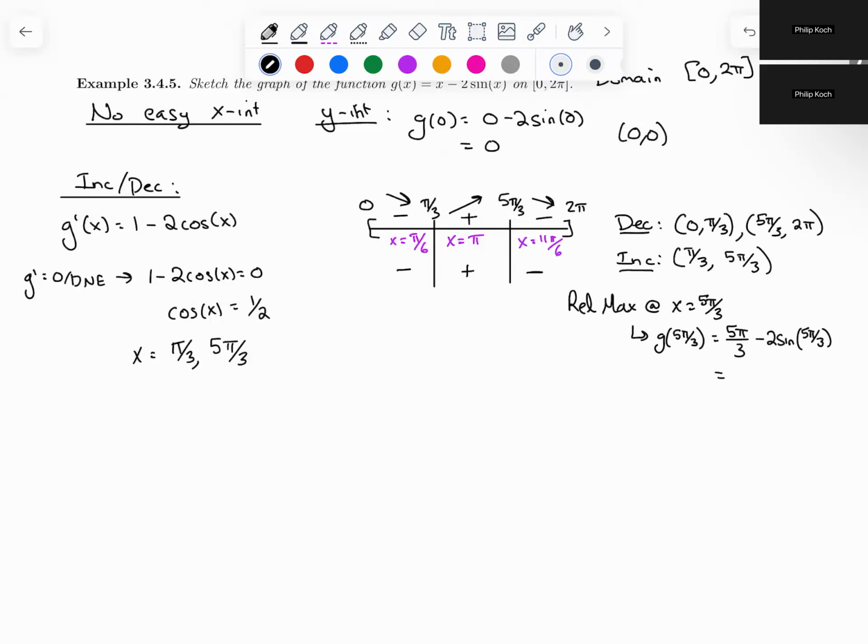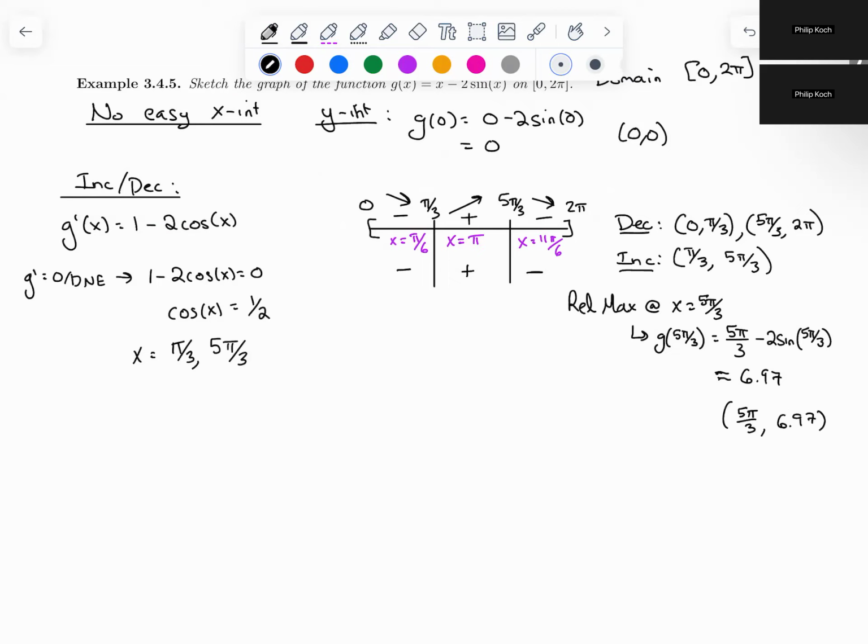So 5 pi over 3 minus 2 sine of 5 pi over 3 gives me approximately 6.97. So I have a relative max at 5 pi over 3 comma 6.97.